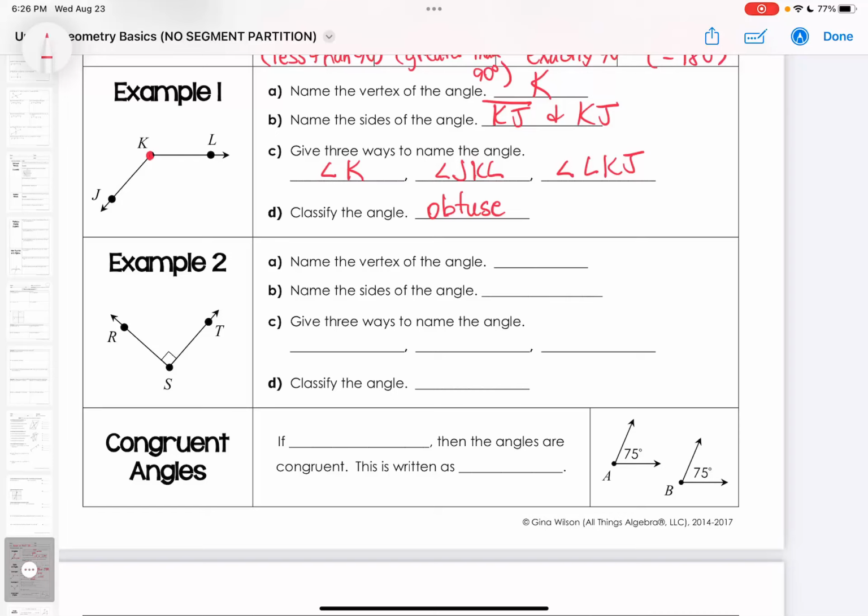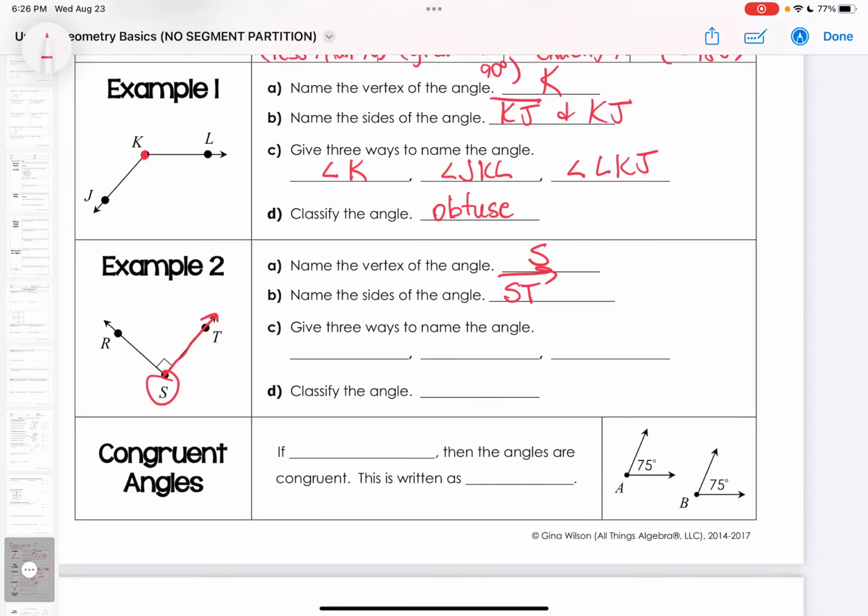All right, so here, vertex of the angle is S. Name the sides. We can say ST is the ray. And SR, note that when I name it, it's always the vertex there. The vertex starts the naming of the sides.